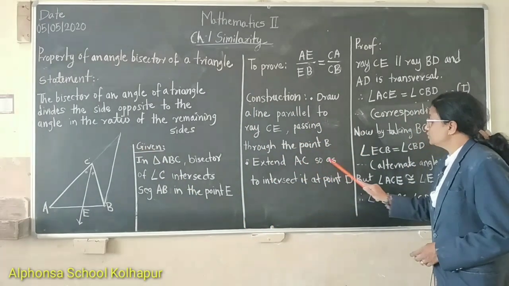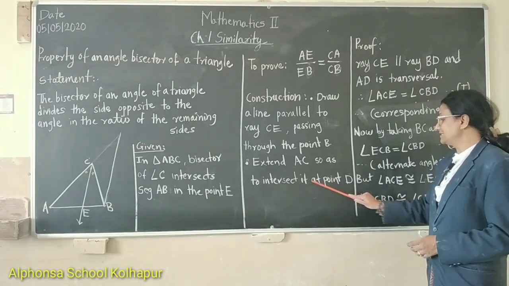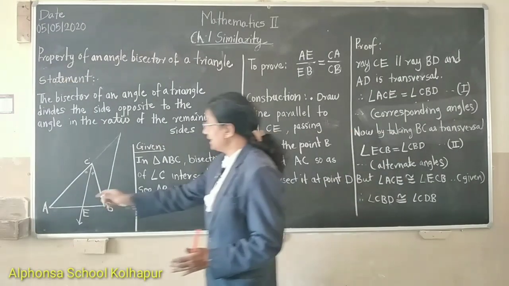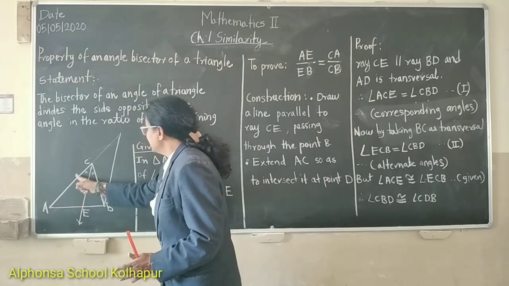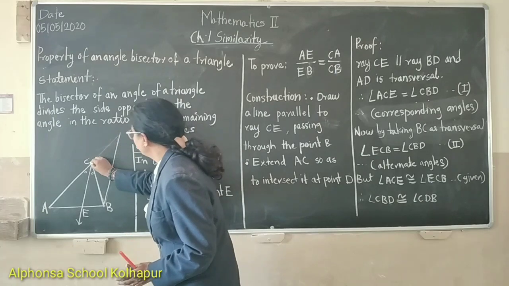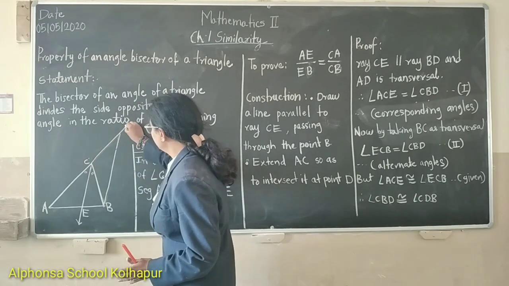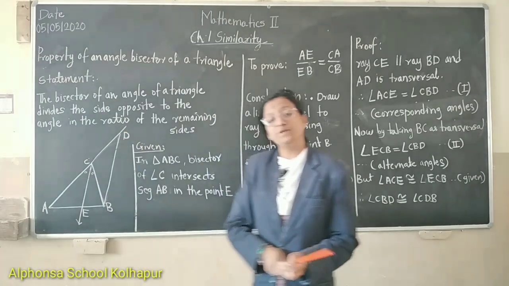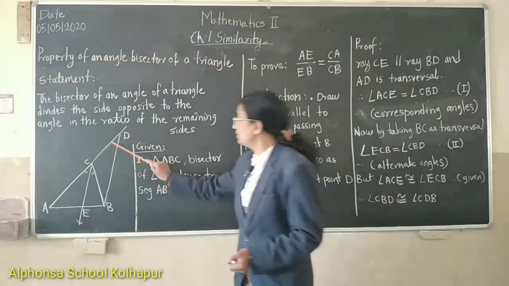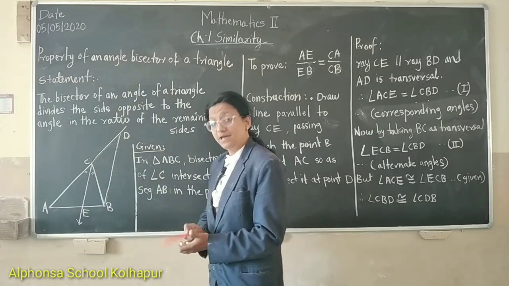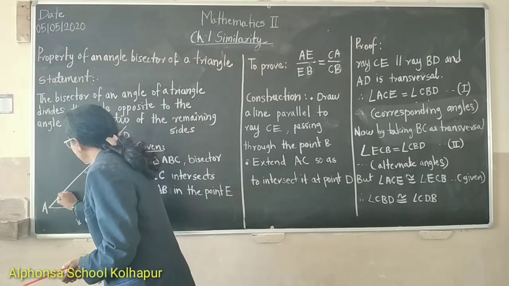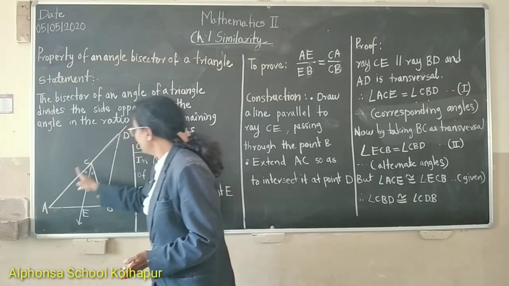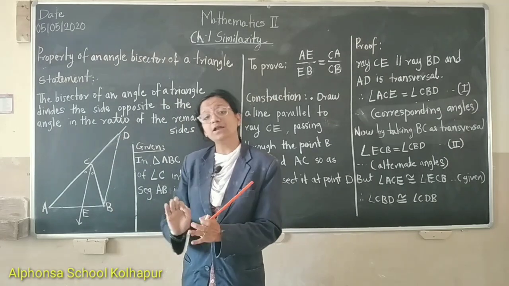Extend line AC so as to intersect it at point D. Now at the same time, we have to increase this line AC, which will meet this newly constructed line in point D. Now because of this construction, we have got here another triangle. Remember, this line AC only is extended, that's why points A, C and D are collinear.